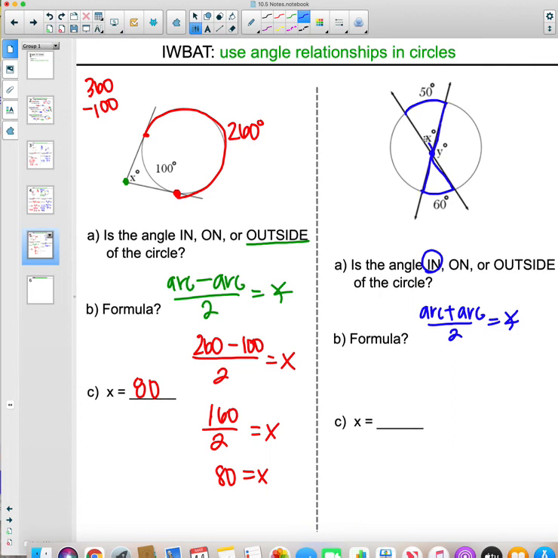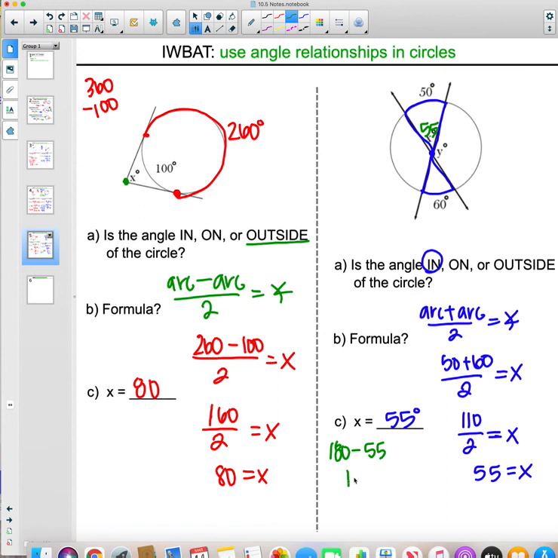So we're going to do 50 plus 60 divided by 2 equals x. 110 divided by 2. So we end up with 55 for x. So 55 degrees. And then we see the y right next to that. So if this is 55, remember this is a linear pair. So 180 minus 55. So 125 would be y.